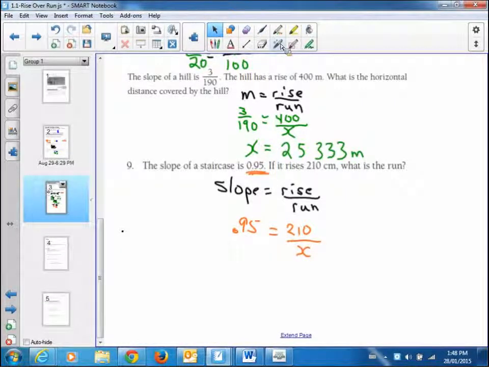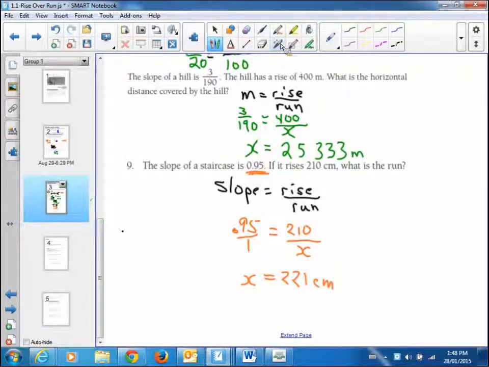So I'm going to put this out of 1. 0.95 out of 1 is still decimal 0.95, but this makes it easier to solve the equation, doesn't it? Now we can cross multiply, divide by the loner, and you should get x equals 221. And I'm going to put the centimeters down beside it because centimeters were in the starting information.